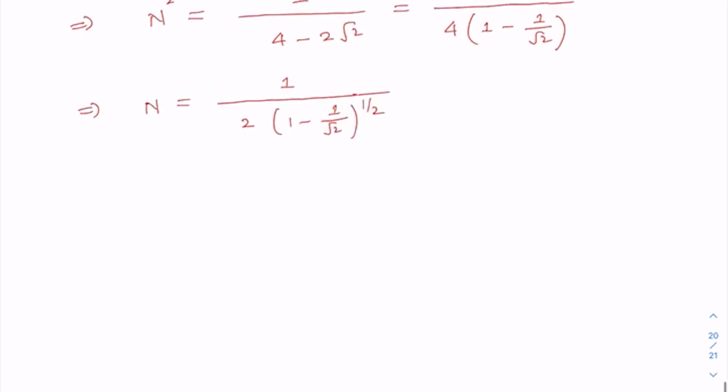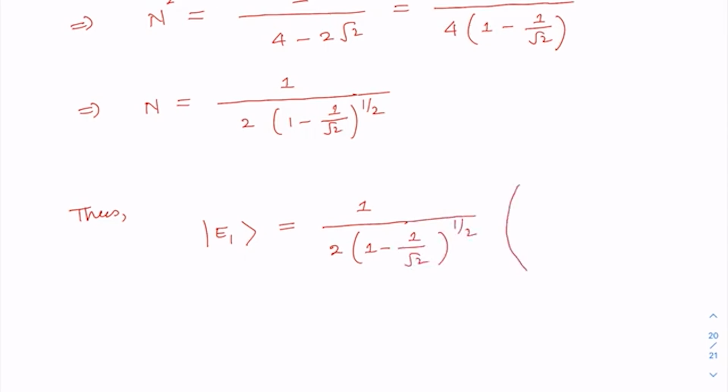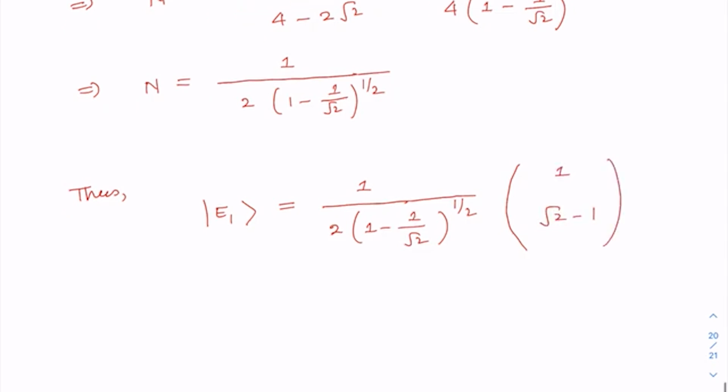Okay, so therefore we get the energy eigenvector corresponding to the energy eigenvalue E1 as 1 by 2 times (1 minus 1 by root 2) to the power half, and here I have (1, root 2 minus 1).